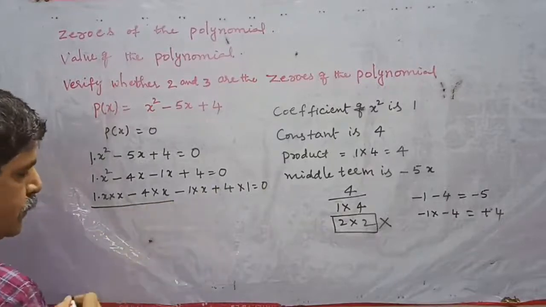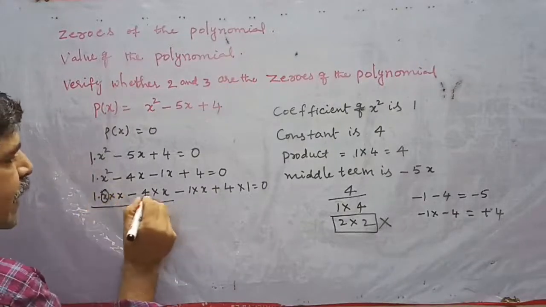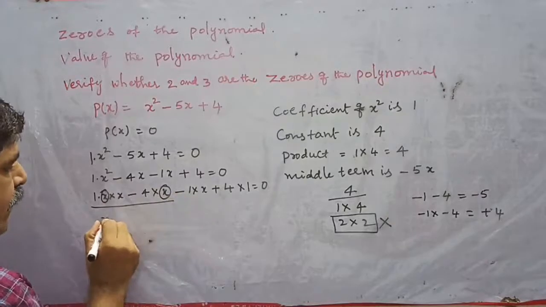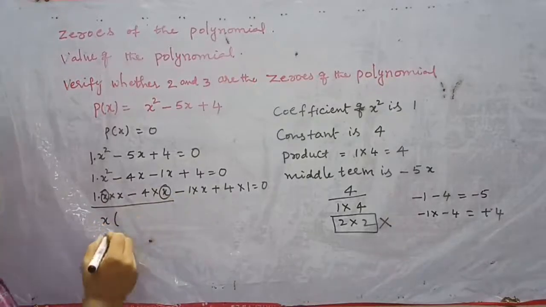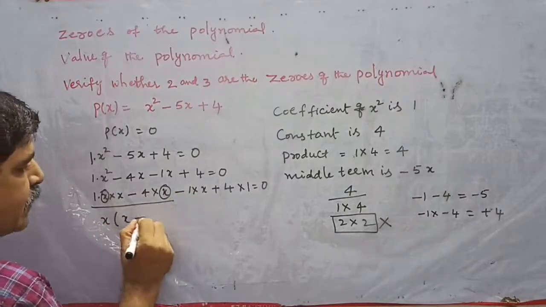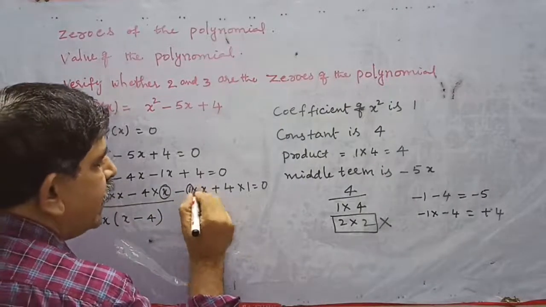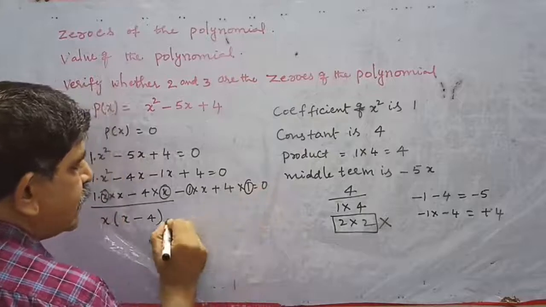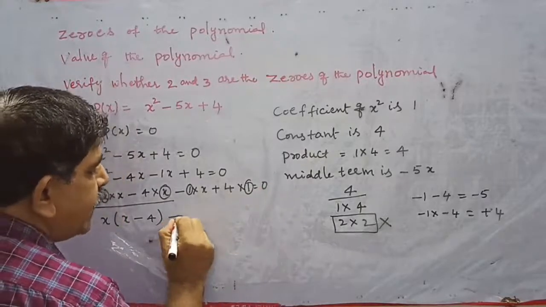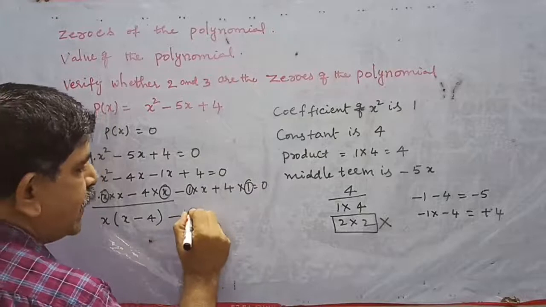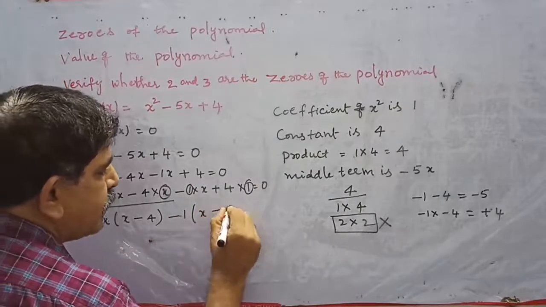From these two, what is the common factor? Here x and here x. So you take out x as the common factor, then remainder x minus 4. Next, from these two, here 1 and here 1. Minus 1 is the common factor, then remainder x minus 4.